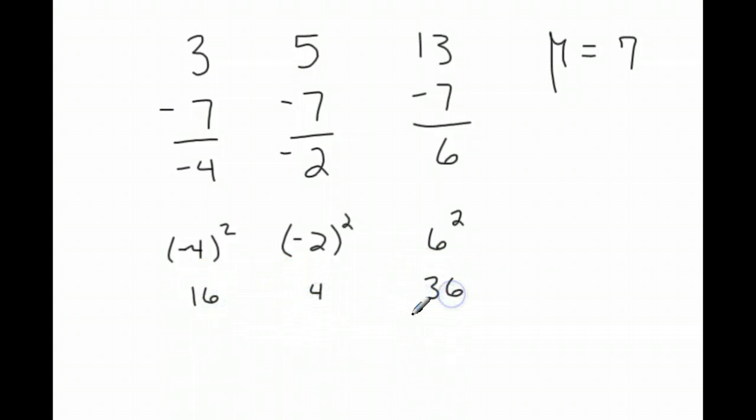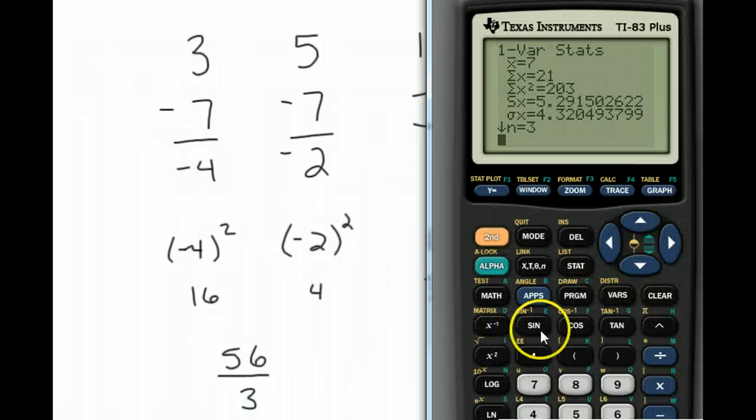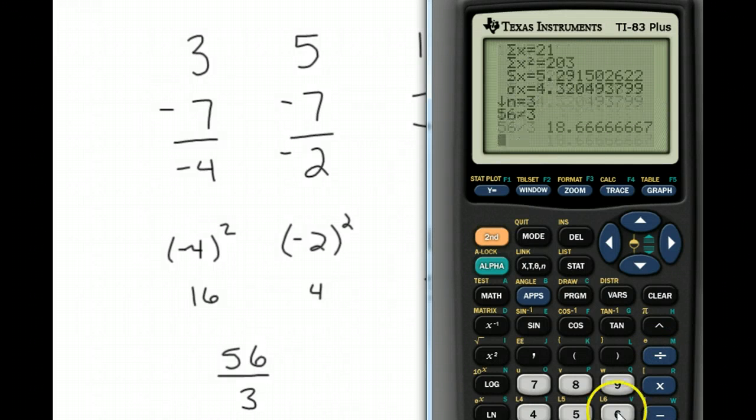When I add these together, I get 20, and 20 plus 36 is 56. But now when I divide, I don't divide by n minus 1, I divide by n. So this time I divide the 56 by 3. 56 divided by 3 is 18 2/3.